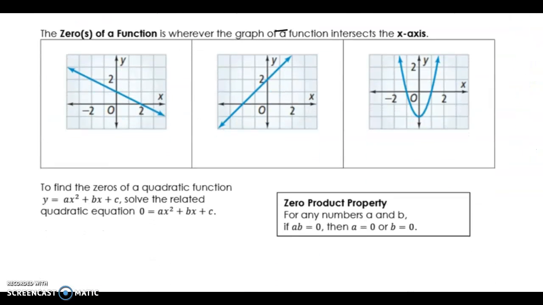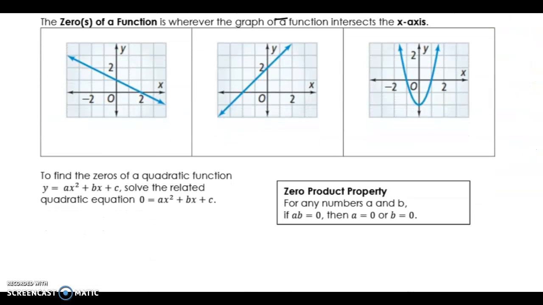All right, so let's get a little bit more in depth in that. So what are the zeros of the function? This is going to be any time that function crosses the x-axis. So there would be 1, here's 1. This one's got 2 of them. Okay, it could have none, could have more than that.